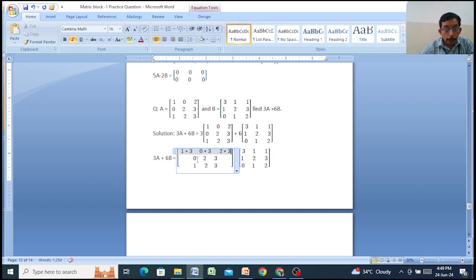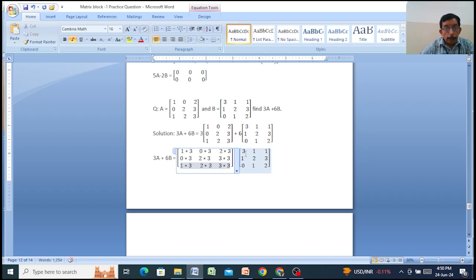Now we come to the second row: 0 multiplied by 3, 2 multiplied by 3, 3 multiplied by 3, 1 multiplied by 3, 2 multiplied by 3, 3 multiplied by 3.